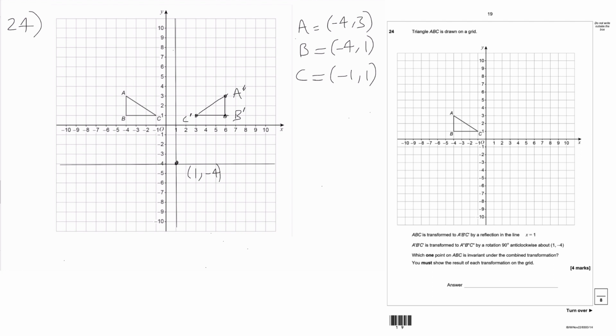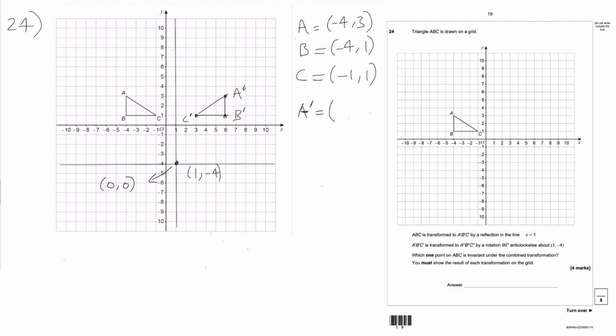What we do is we call this point here our origin, which means we pretend it has the point 0, 0. So A prime, B prime, and C prime have new coordinates now based on this new origin.